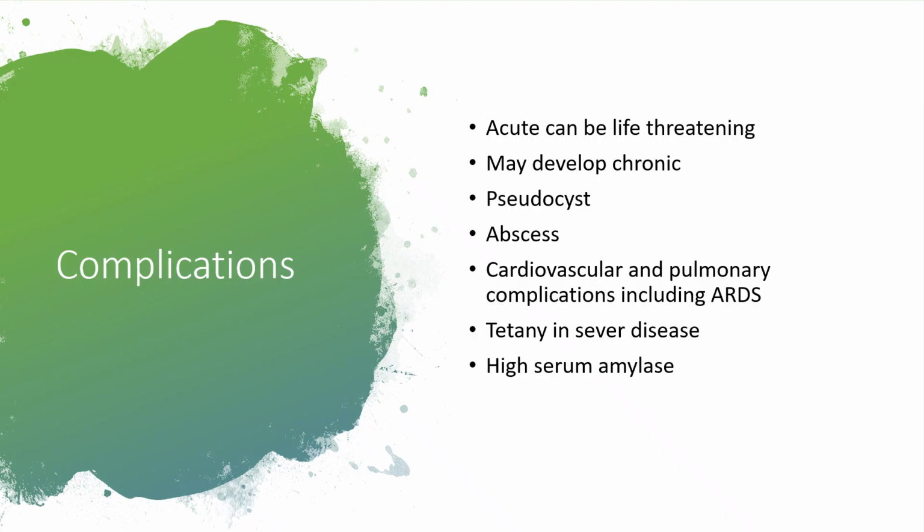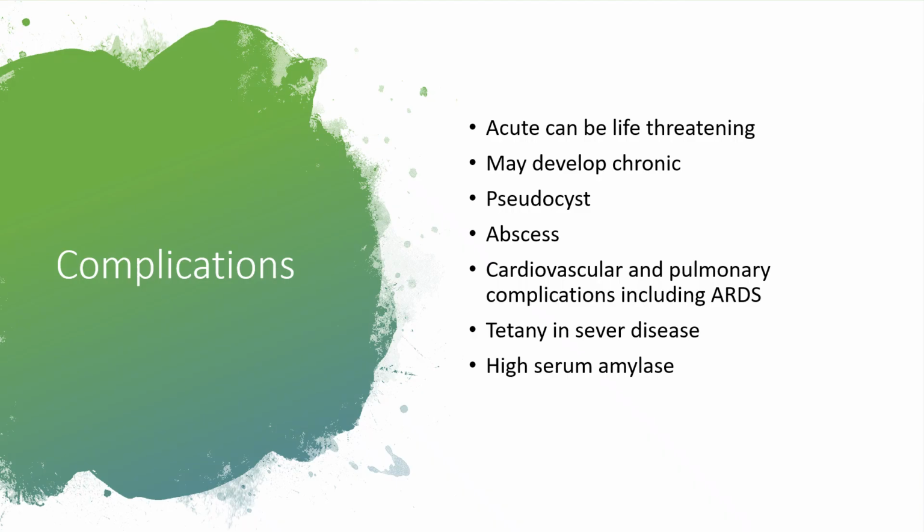Manifestations of ARDS may be seen 3 to 7 days after the onset. Localized complications include pancreatic necrosis, abscesses, pseudocysts, and pancreatic ascites. The necrosis causes an inflammatory mass that may be infected. It may lead to shock and multiple organ failure.